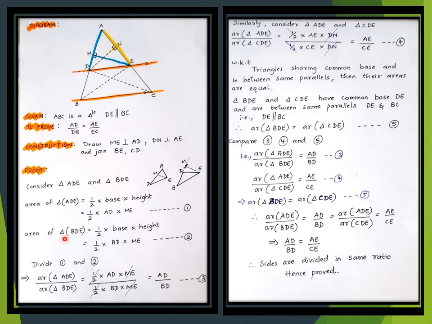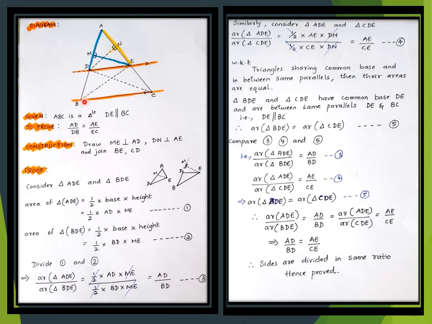Now apply the area formula for triangle BDE also. That is, where is BDE? This is the triangle. Now where is the height of this triangle? For this triangle BDE, for one of the vertices, height is there. So if you take E, a perpendicular line segment is already there. I had told you all sometimes height can be outside the triangle also.